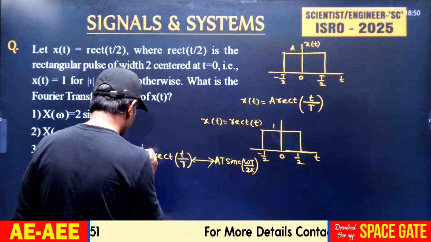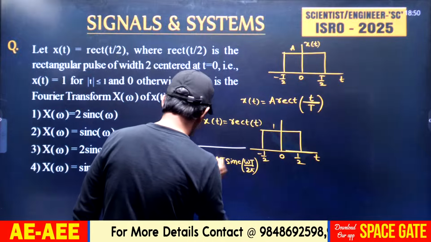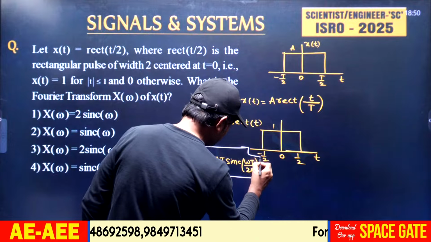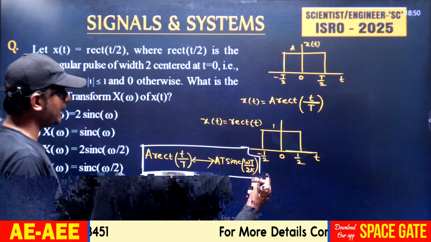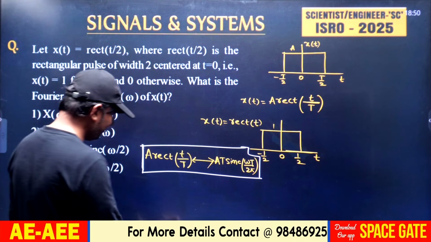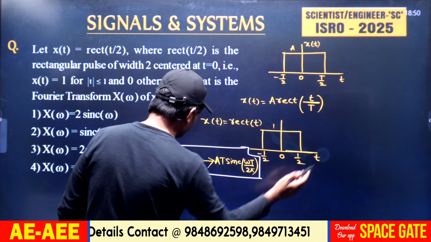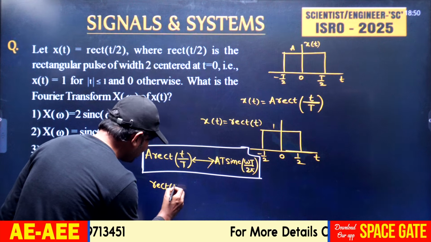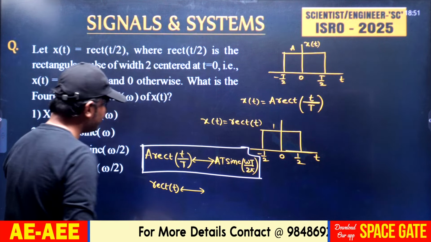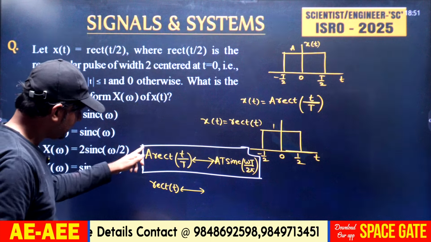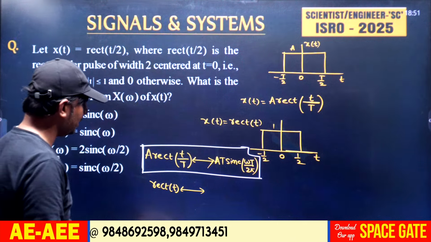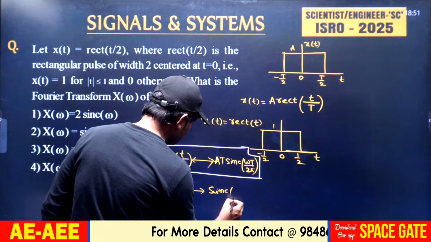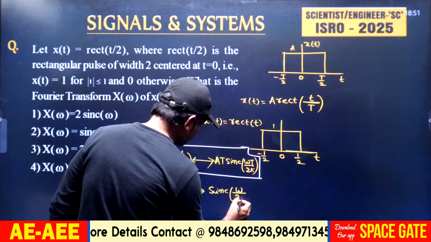This you have to remember. A rect of t by capital T forms a Fourier transform pair with AT sinc of omega T by 2 pi. From which, if I want the Fourier transform for rect t, simply substitute capital A is equal to 1, capital T is equal to 1. So it is sinc of omega by 2 pi, isn't it?